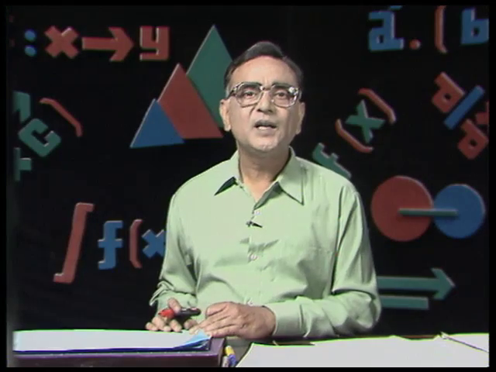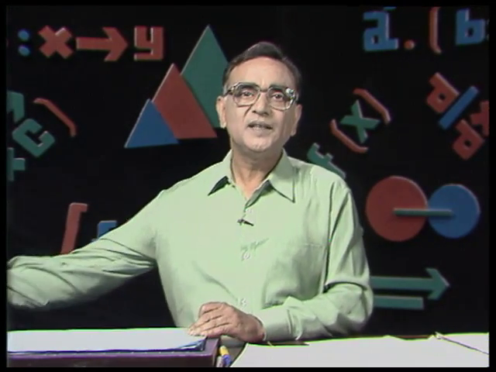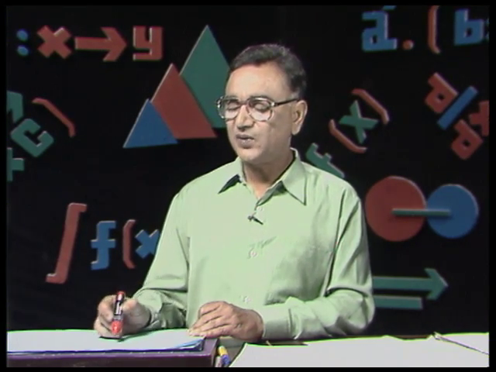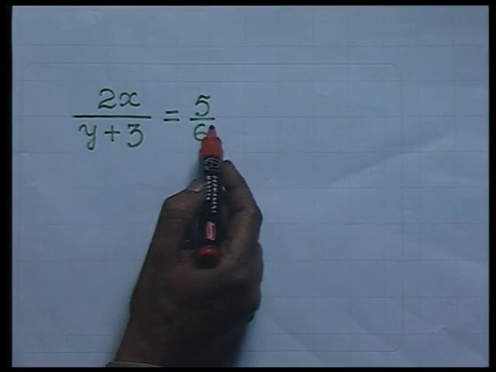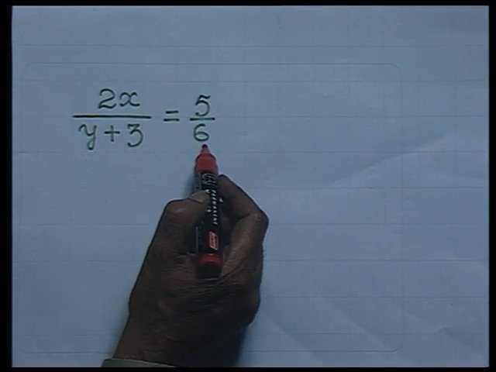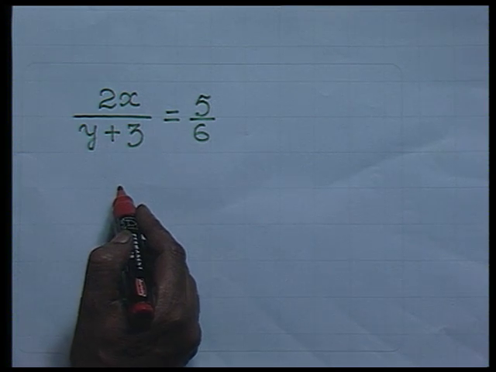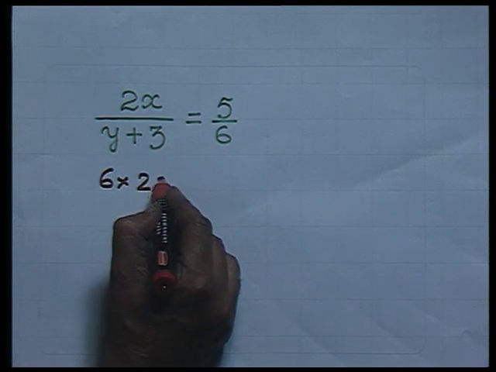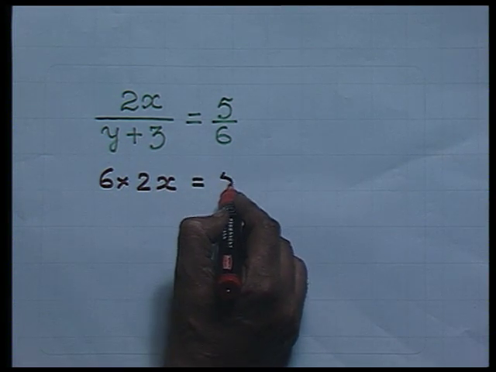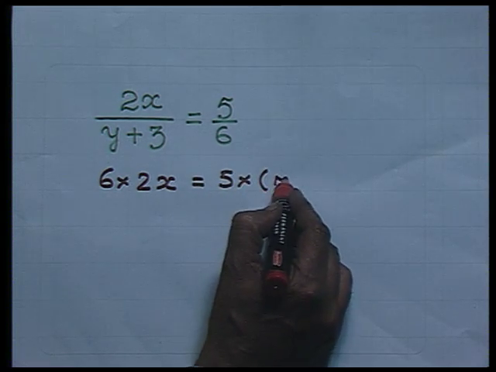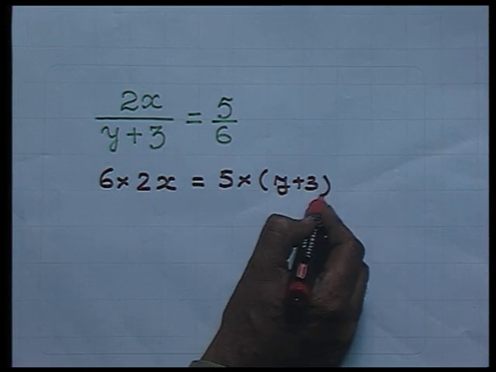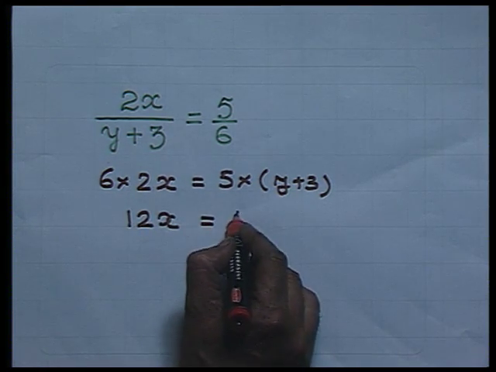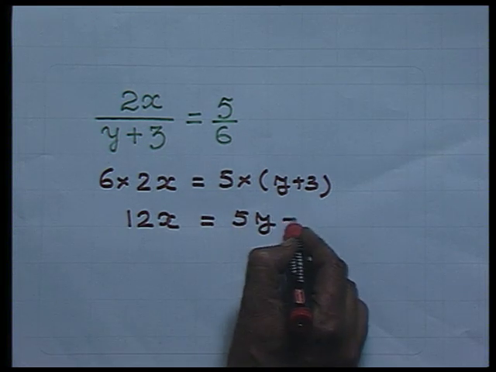Now having got this, we will simplify this mathematical statement. Have a look at it once again: 2x upon y plus 3 equals 5 upon 6. On simplification, this becomes 6 times 2x equals 5 times y plus 3, and that gives me 12x equals 5y plus 15.